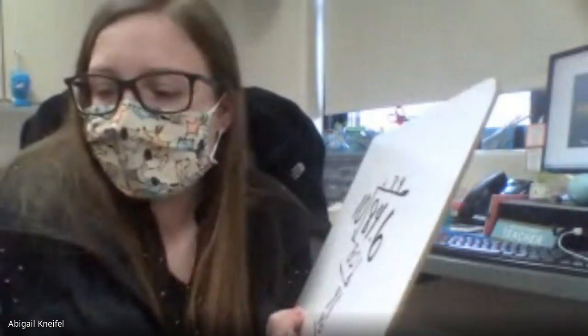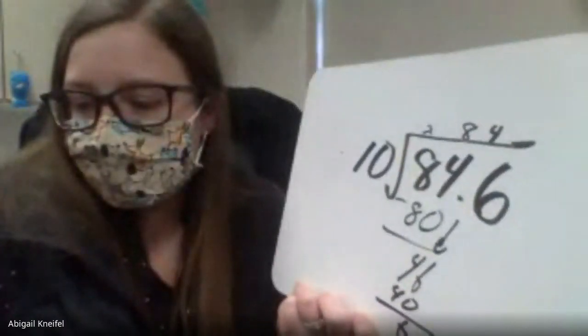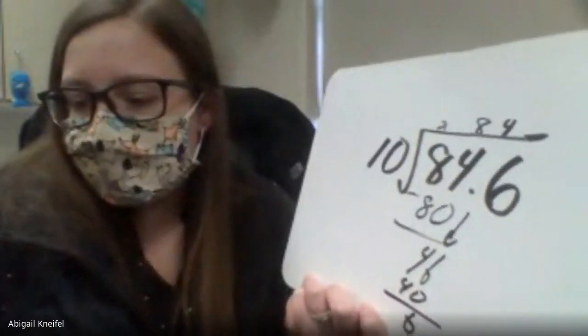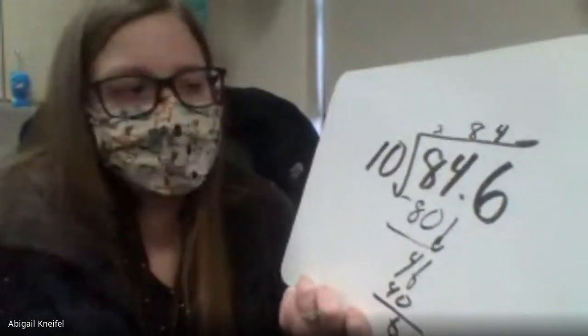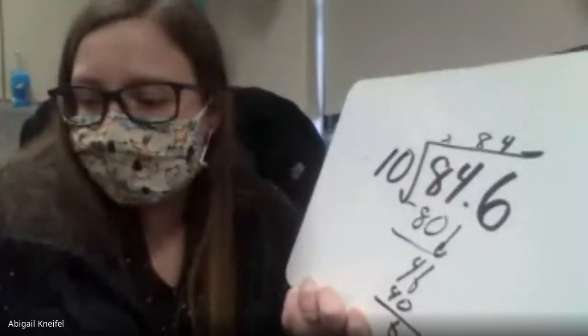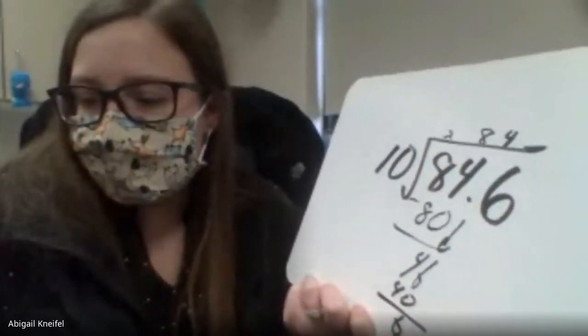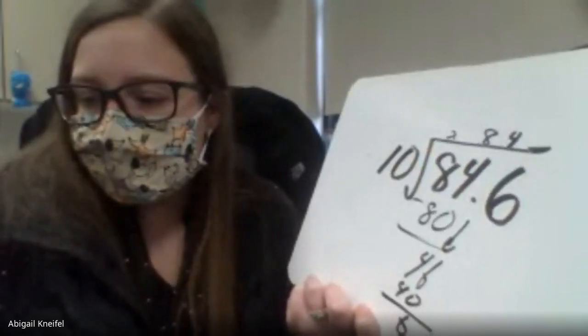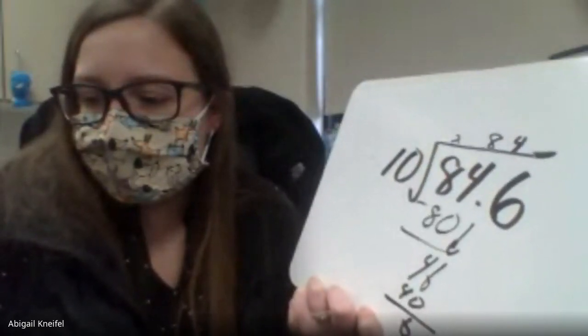So what do we need to do? Someone tell me, what do I need to do here? Tell me what I need to do here. Gage, tell me what I need to do. Gage. Can't hear you.